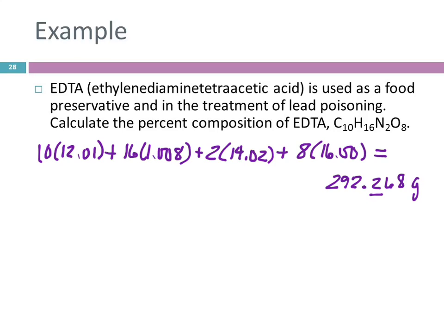So if I'm looking at percent carbon, I'm looking at grams of carbon divided by grams of the whole thing, C10H16N2O8. There's a reason they call it EDTA, even its chemical formula is too long.